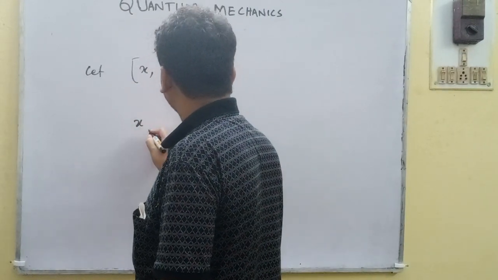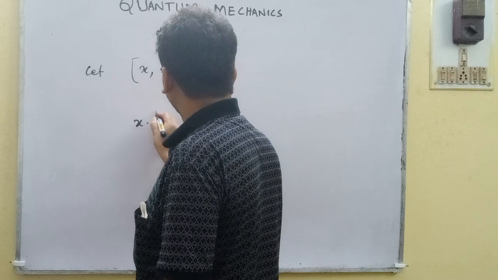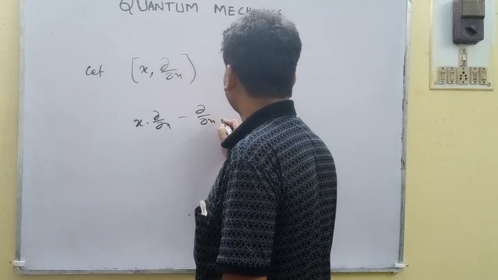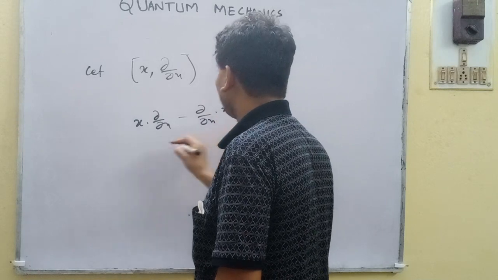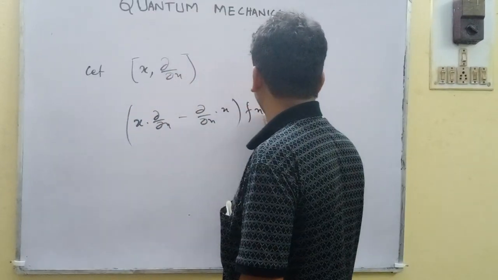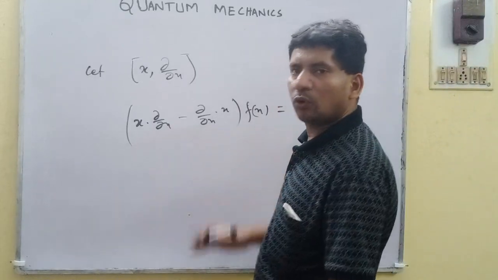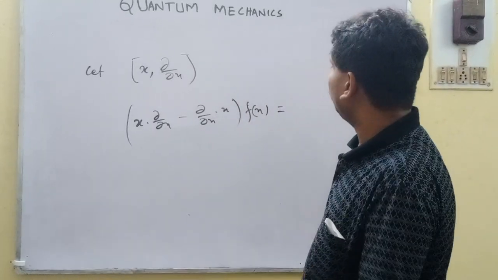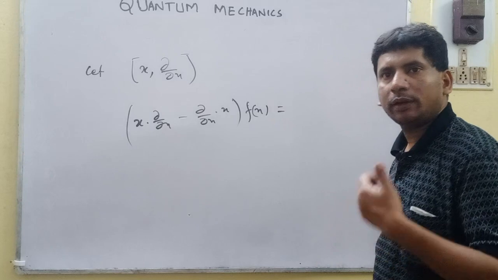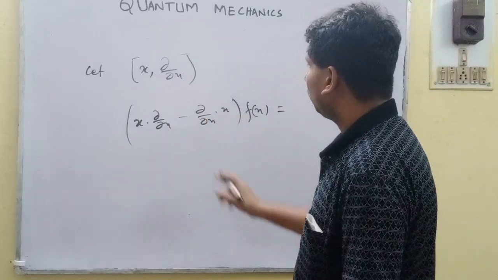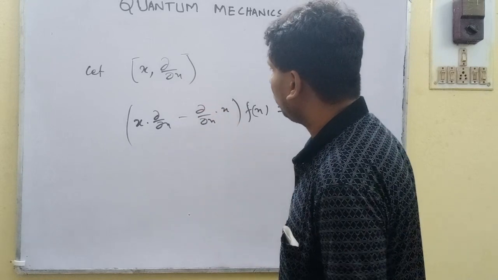So x into del x minus del x into x, on f(x), this is the commutative rule, equal to, what is this? It is 1, actually.